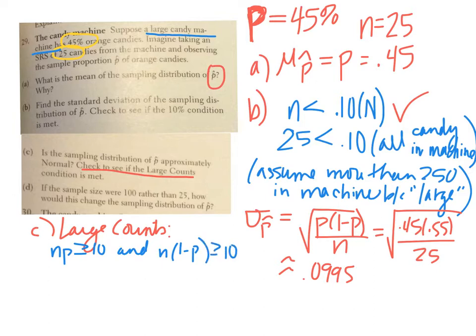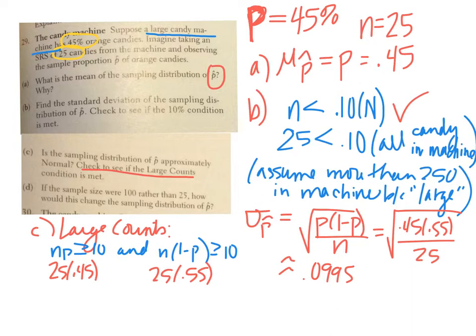So I'm going to plug those numbers in. I'm just going to write it in the right order so I'm not being confusing. n is 25. So we have 25 times 0.45, and then we have 25 times 0.55.